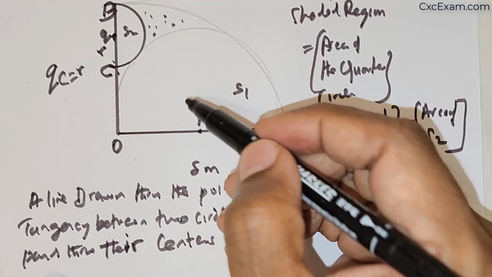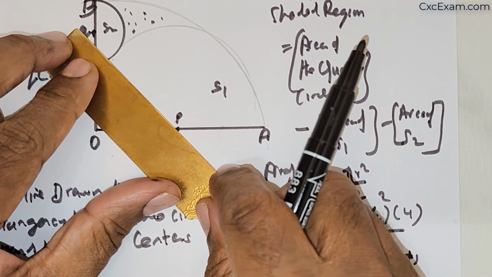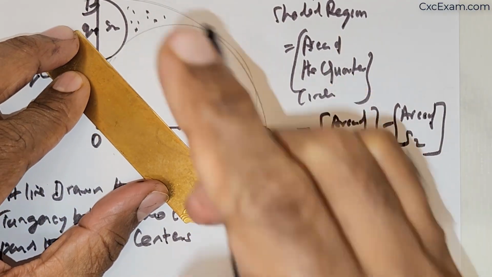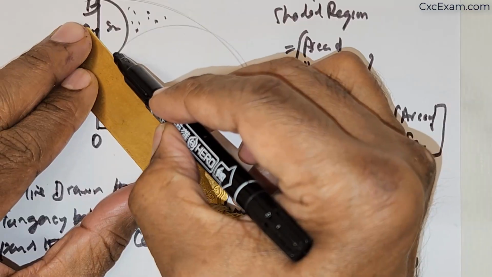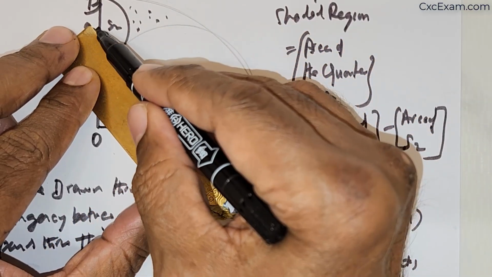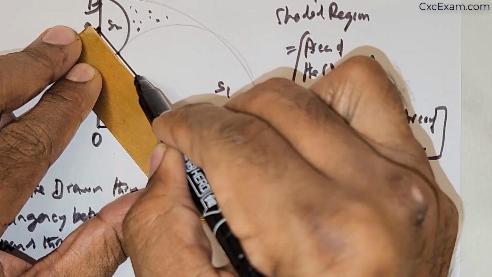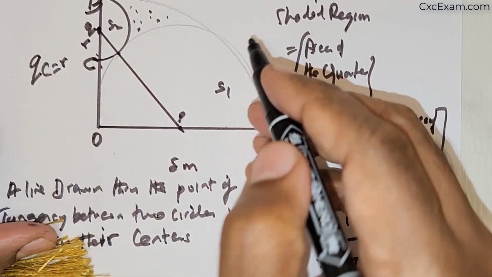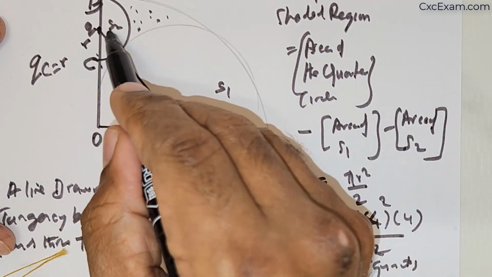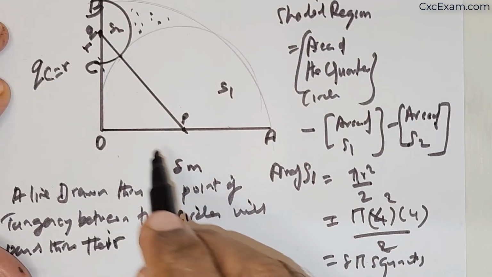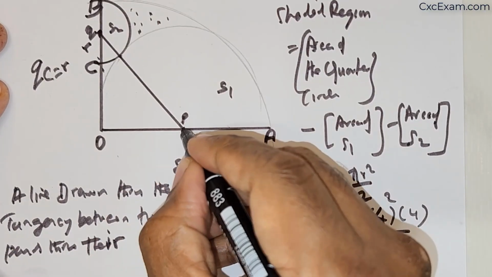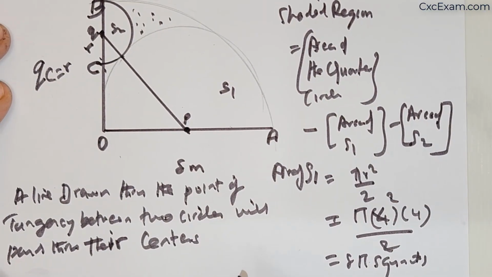So if I were to pass through the point of tangency, then that would connect the two centers Q and P. Okay, the centers are connected.